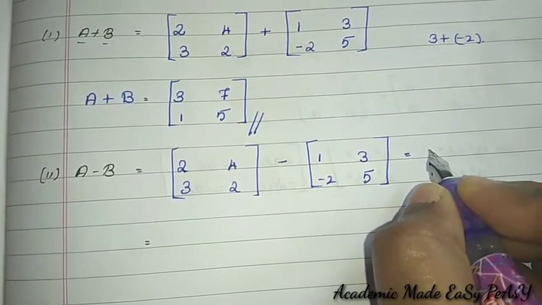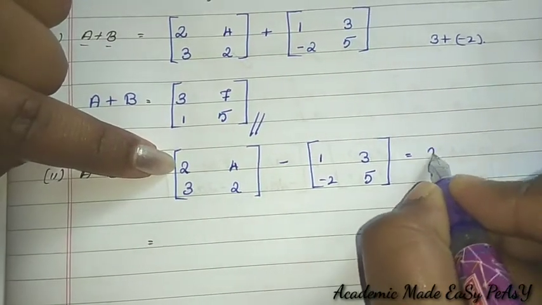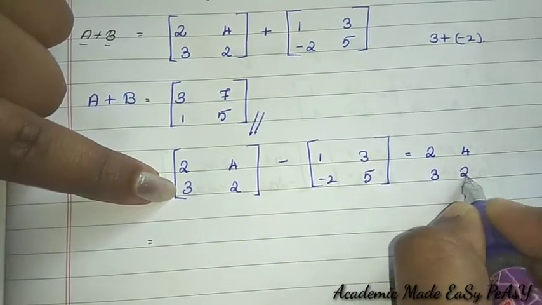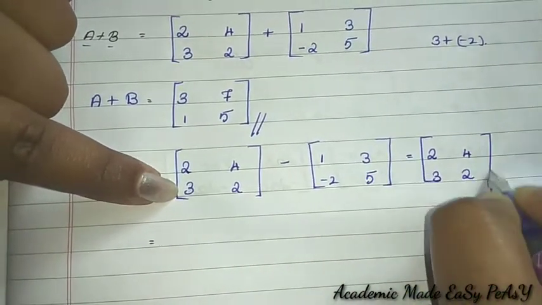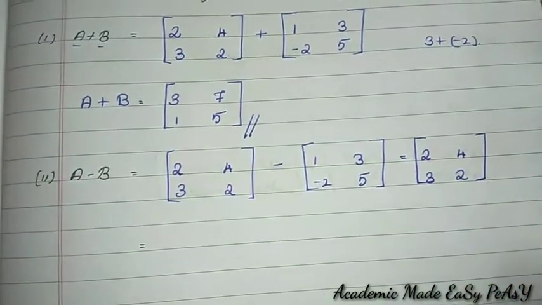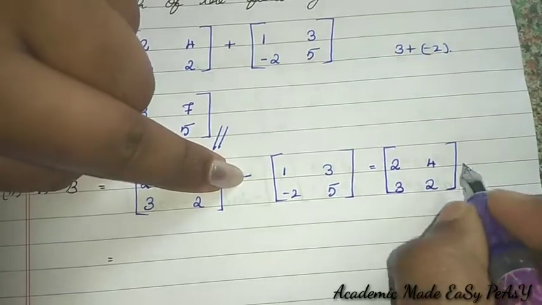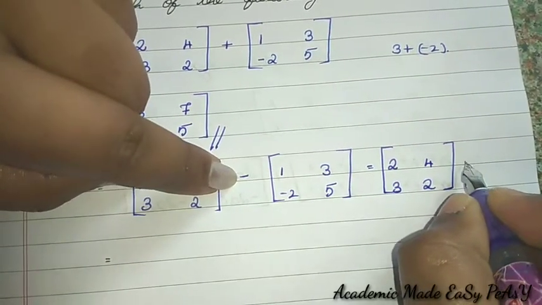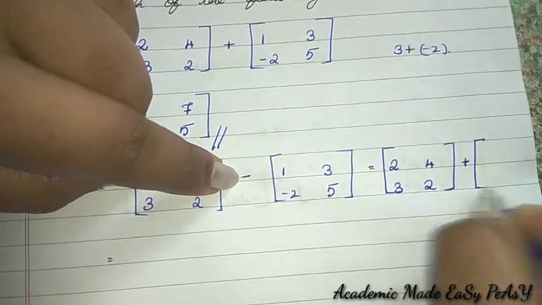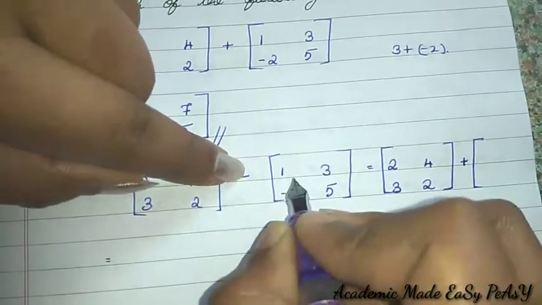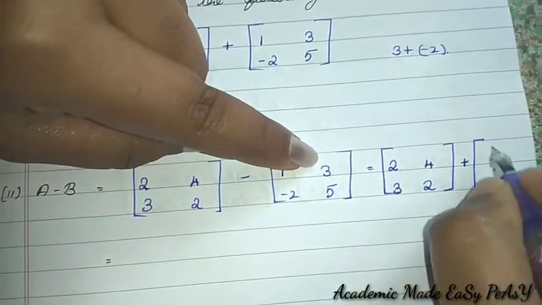where we will be applying for many. So see here, this matrix I will write as it is, 2, 4, 3, 2. So we didn't learn subtraction of matrices, isn't it? So only I will be changing my sign over here. So I will have plus, whereas I will be taking this minus sign inside the matrix, that is for each and every element.